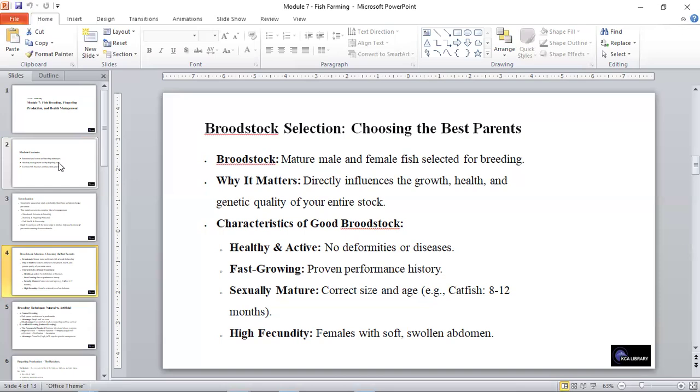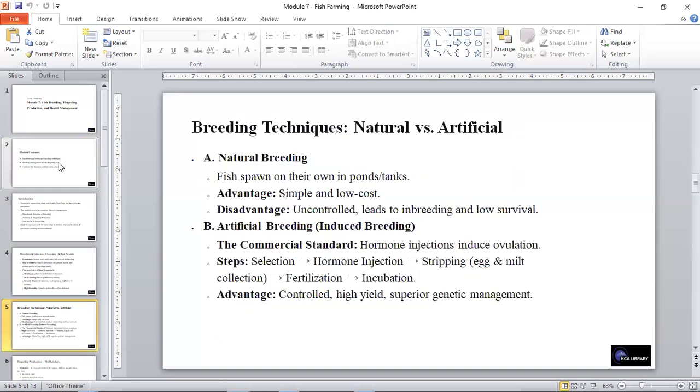Also, you need to consider if they are sexually mature, the correct size and age for reproduction should be considered. For catfish, it is about 8 to 12 months in age. Then you need to consider high fecundity. A female with a soft and swollen abdomen will be suitable for breeding.